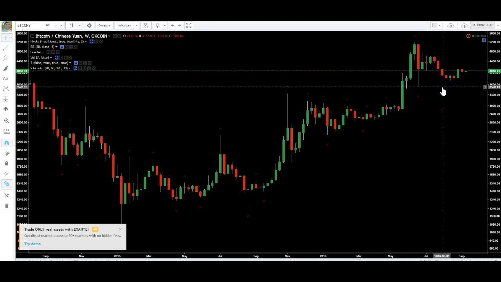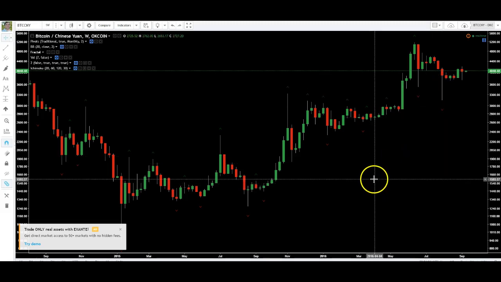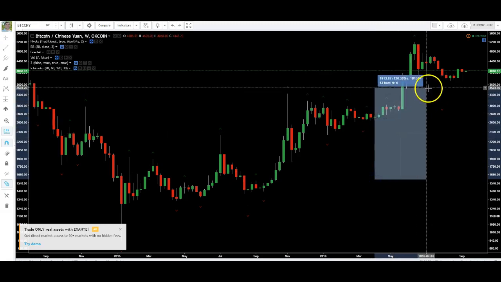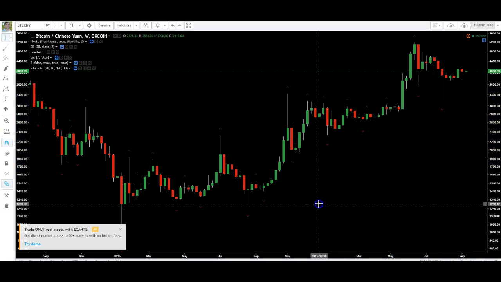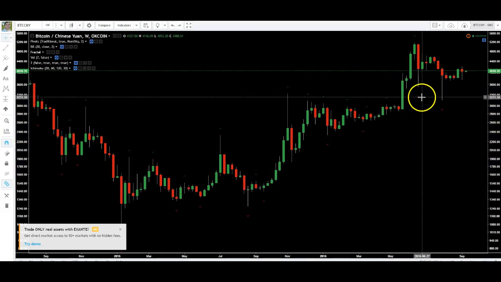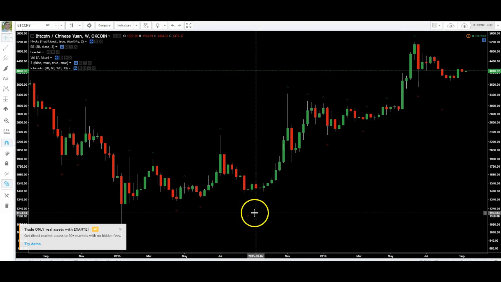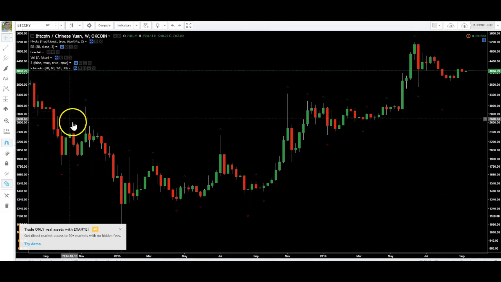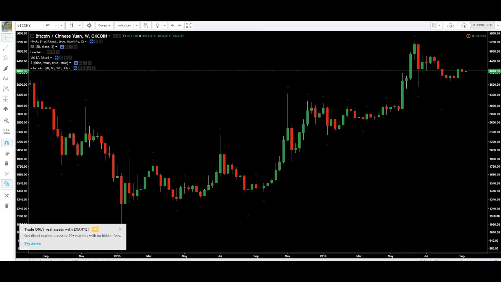So you'd be in, let's say, just conservatively, somewhere in here. Now that's a 1900 CNY trade. Obviously that's like weeks of holding, but that's one example of another stop system you can use with Heikin Ashi or with candlesticks.